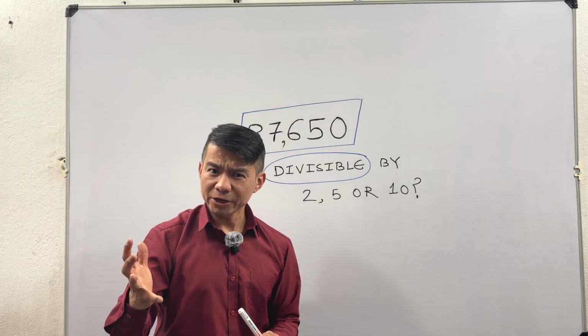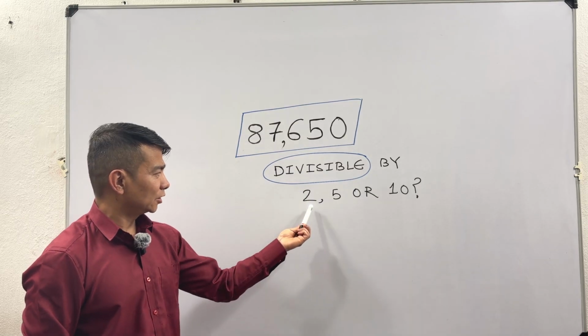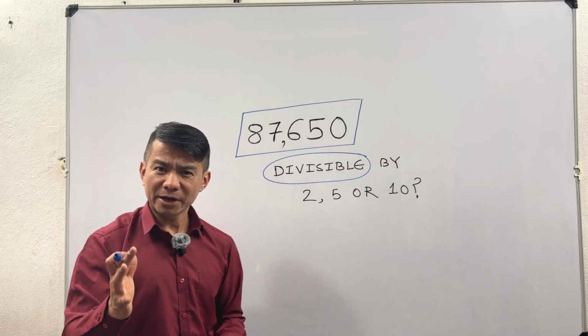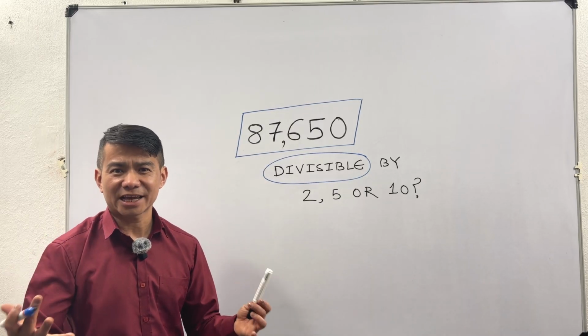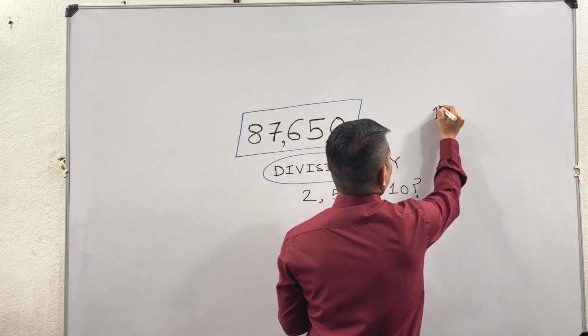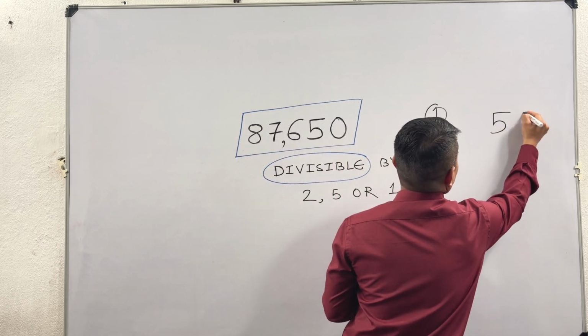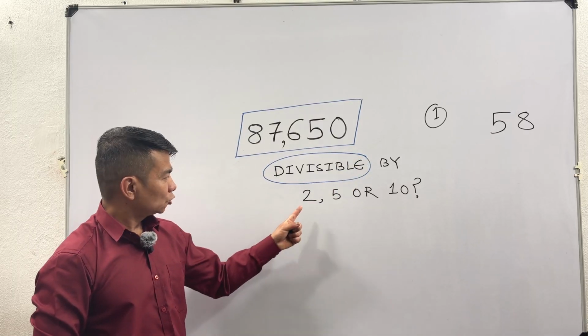A given number is said to be divisible by any number, say 2 in this case, if the remainder while dividing the given number by 2 is 0. So we'll understand it with an example. Let us say I have a number 58 and I have to find whether this number is divisible by 2 or not.